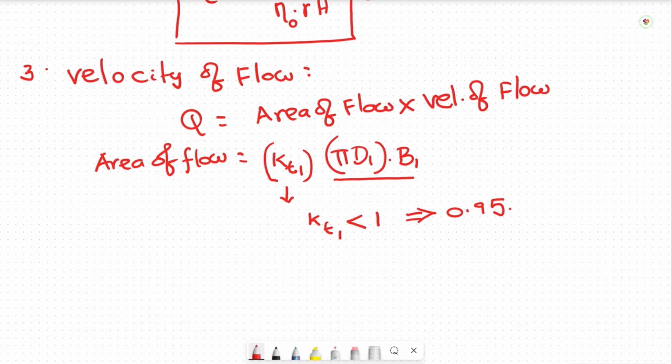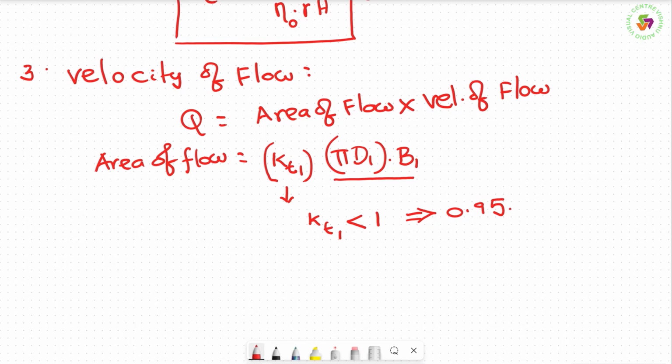Suppose it is 6%, naturally the KT1 value should be 100 minus 6, that is 94, that means 0.94. So this KT1 value depends on the percentage of area occupied by the vanes. If you subtract it, the remaining area is the area of flow.